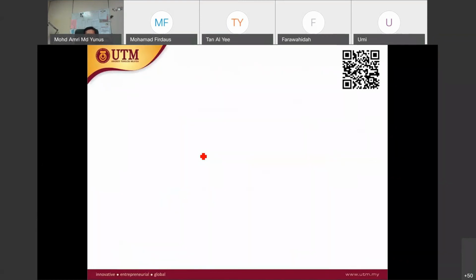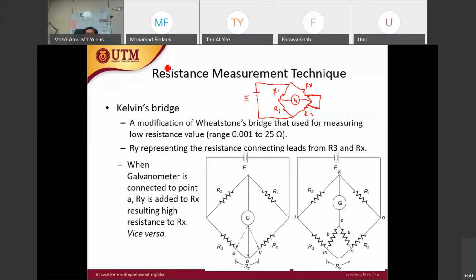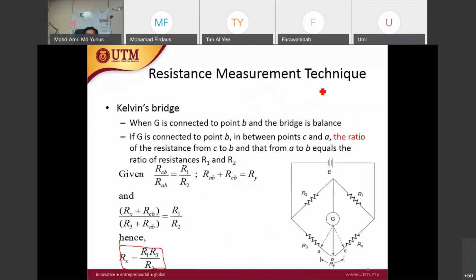So let's start by redrawing the Kelvin bridge. Between these points X, Y, Z, we will introduce a significant resistance value. I will show you.